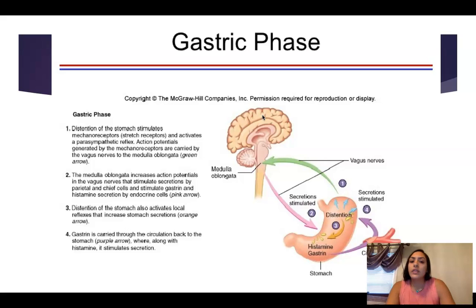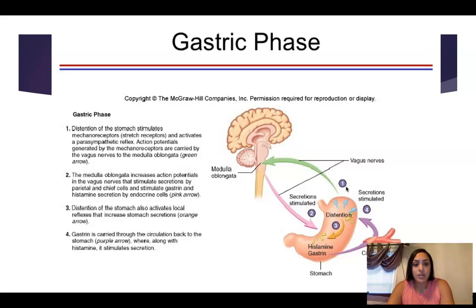I also do like this picture because it made me understand more about the gastric phase. So it says the gastric phase, step 1, which is right here. This is when the distension of the stomach stimulates mechanoreceptors and activates a parasympathetic reflex, like I explained earlier.